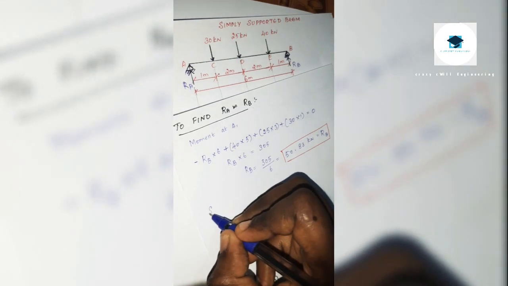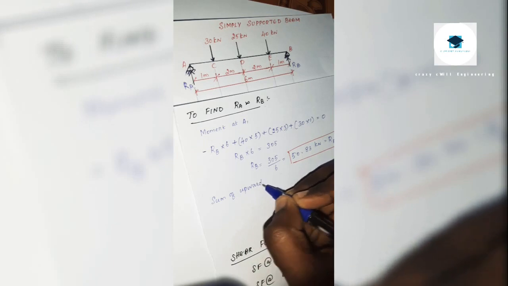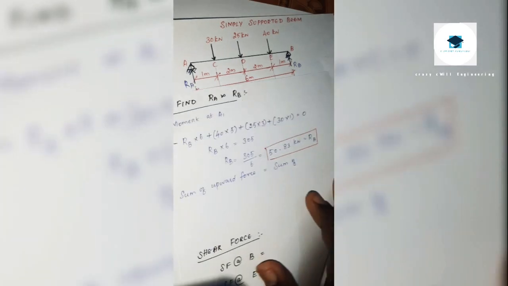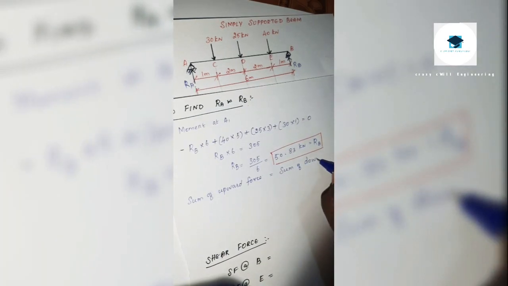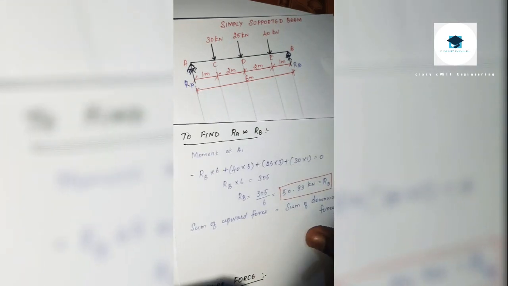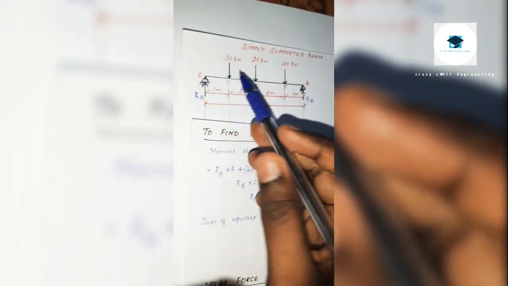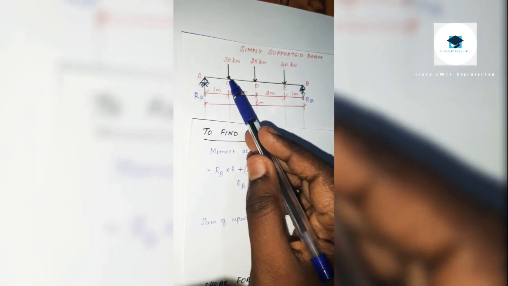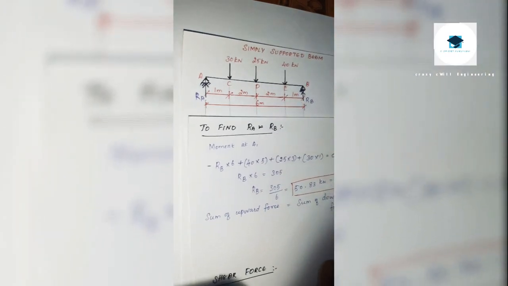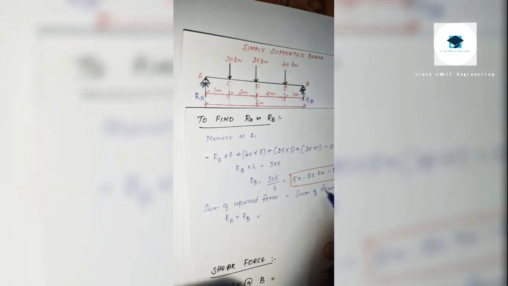Next, we have to write sum of upward forces equal to sum of downward forces. What forces are acting upward? RA is acting upward, and 30 kN at C is acting downwards, this is also downwards, this is also downwards, and this is acting upwards. So upward forces RA plus RB equal the sum of downward forces.